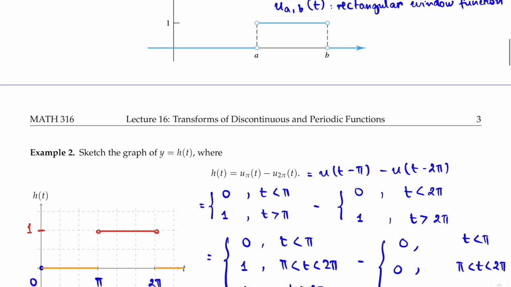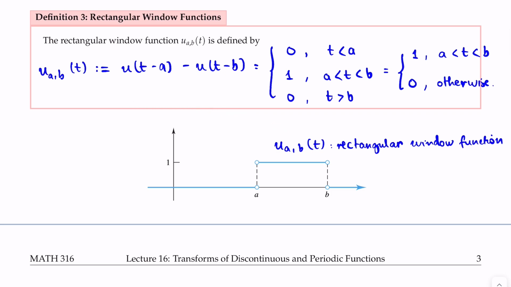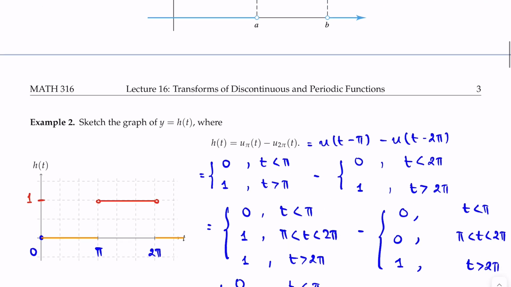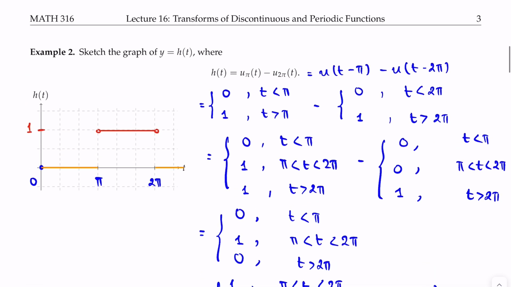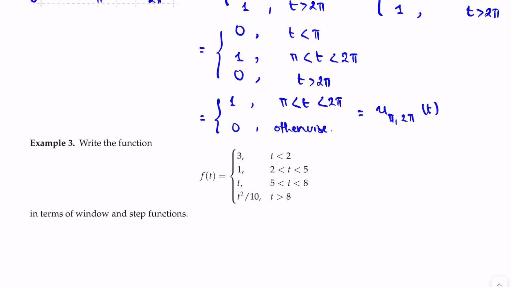I just showed you how to find the rectangular window function, but later you will see piecewise defined functions where it's not straightforward to just write out the answer. You have to do a little bit of manipulation to get the answer. But when you see a window function like this, you don't have to go over all the details again. For other functions, there's no way you can just look at them and get the answer. You have to do a little bit of work.